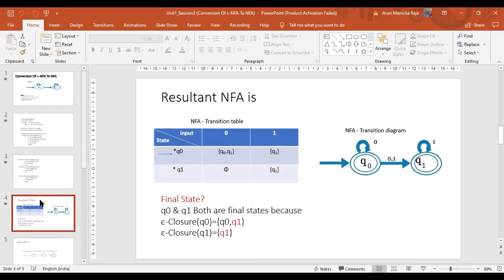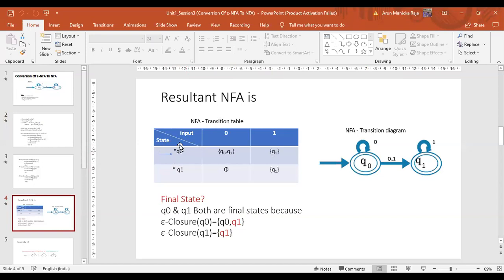After that, we have to draw the transition table and transition diagram with the help of calculated transitions. In every case, you have to mention the initial state and final state in the transition table and the transition diagram. Don't forget, you have to mention.